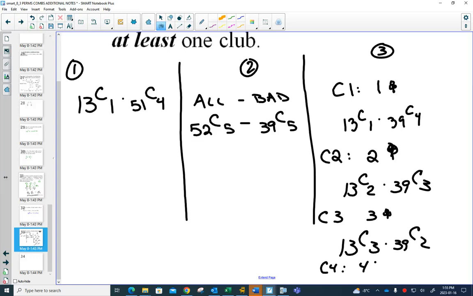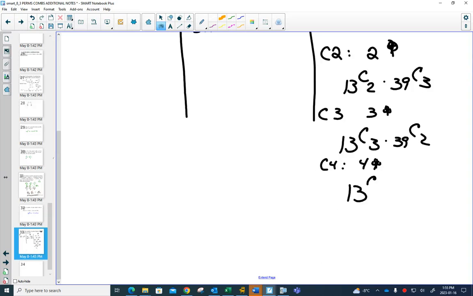Case 4, and I mean, this is long, but it's not hard to do because we're just doing the same thing over and over again. And finally, case 5, all 5 of them are clubs. Should just be 13 choose 5. And because it's a cases question, once I calculate each of those, I would add them up and get my total.